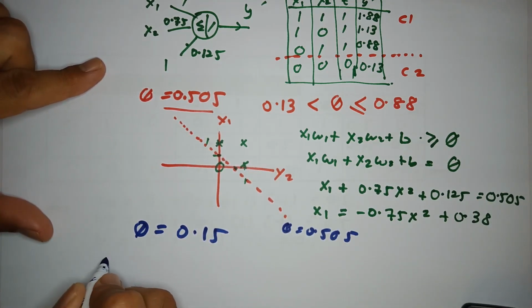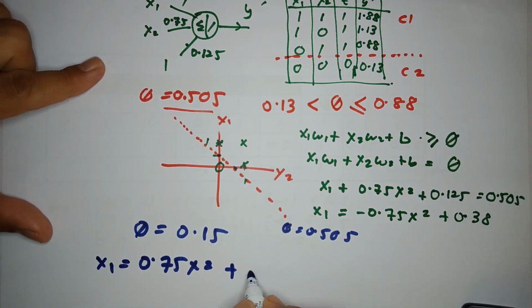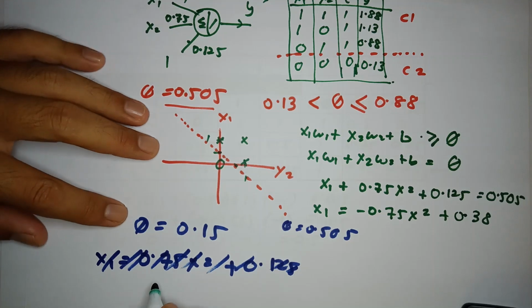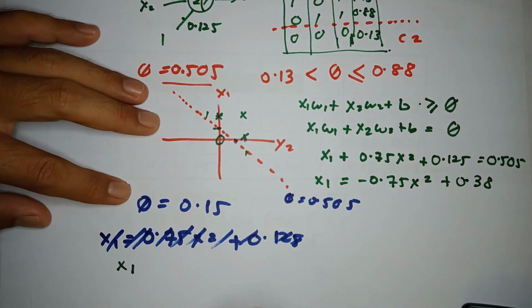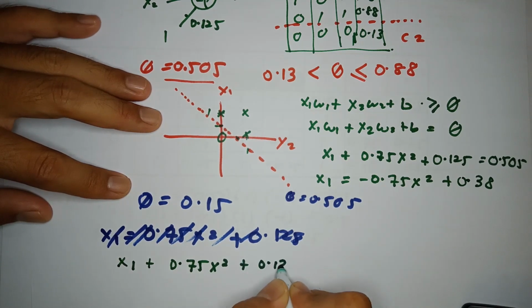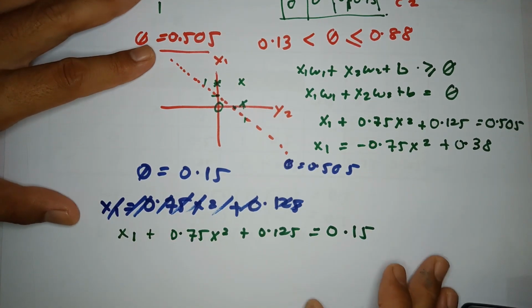So x1 plus 0.75 x2 plus 0.125 will be equal to 0.15, which is the threshold value we select based on the range of theta.